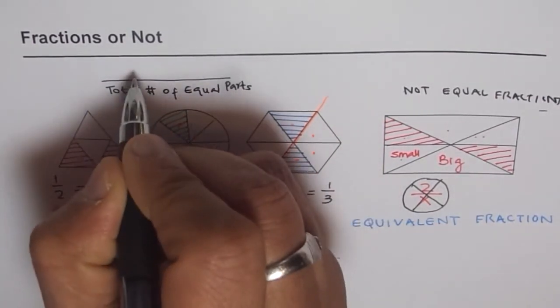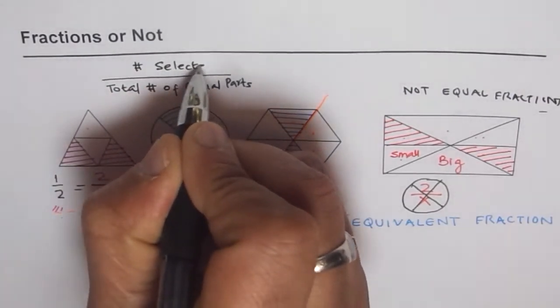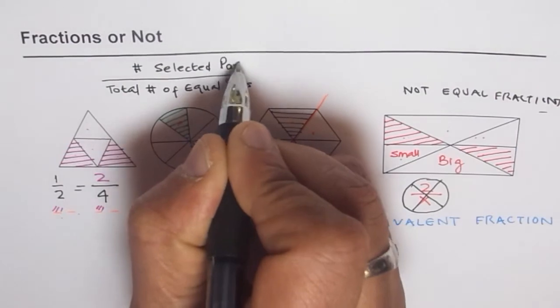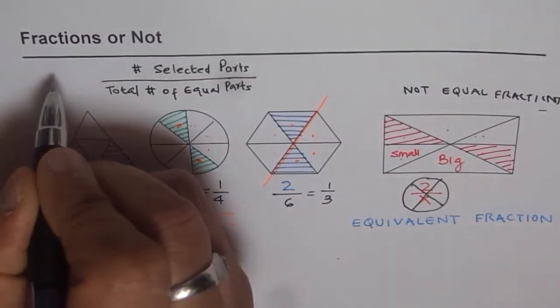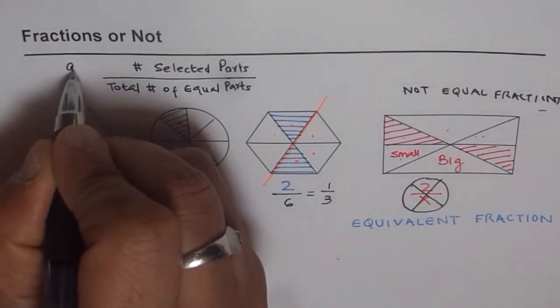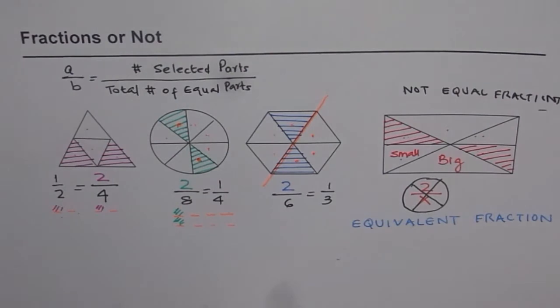And in the numerator, we write the number of selected parts. Do you see that? So that is the way to write fractions. So a number over another number. Let's say A over B, where A and B are numbers for us, correct?